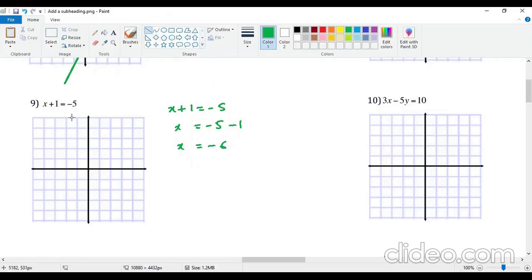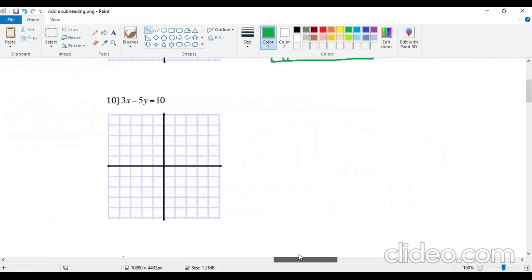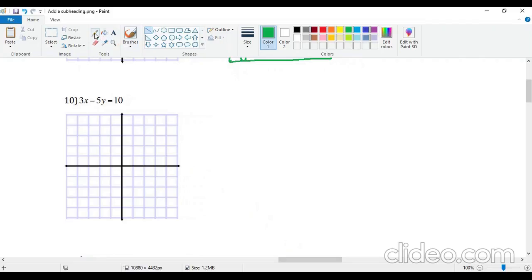That means 1, 2, 3, 4, 5, 6. So your line is going to be somewhere here. Point number 1, 2, 3, 4, 5, and 6. This is going to be your point, and you make a straight line like this. You get full marks.